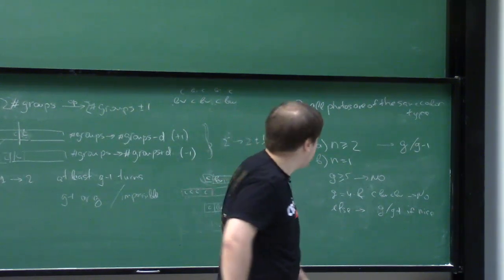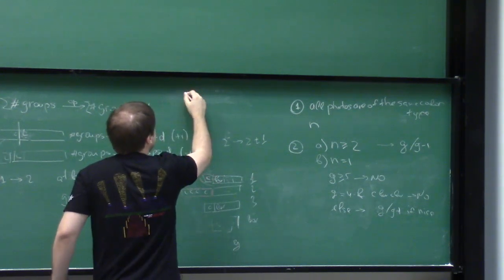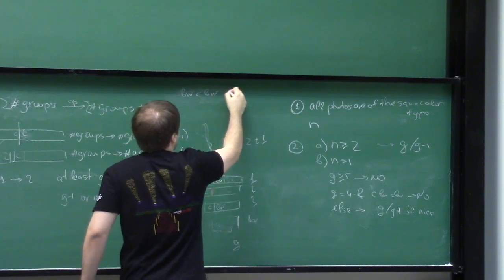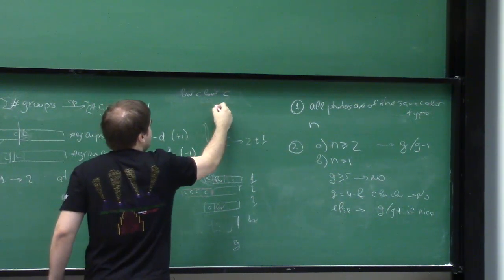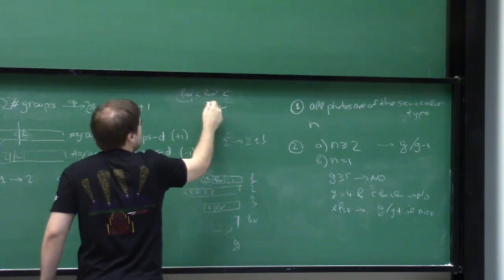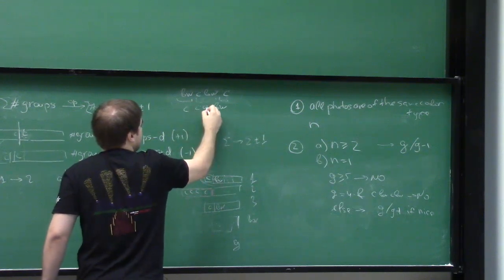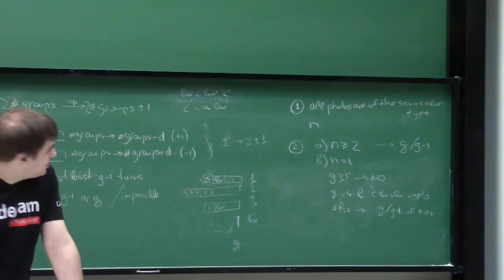In which case G equals to 4 is possible? I think in this case it is possible. First we put BW, then we put CBW, and then we put C. And it works, right? Okay.